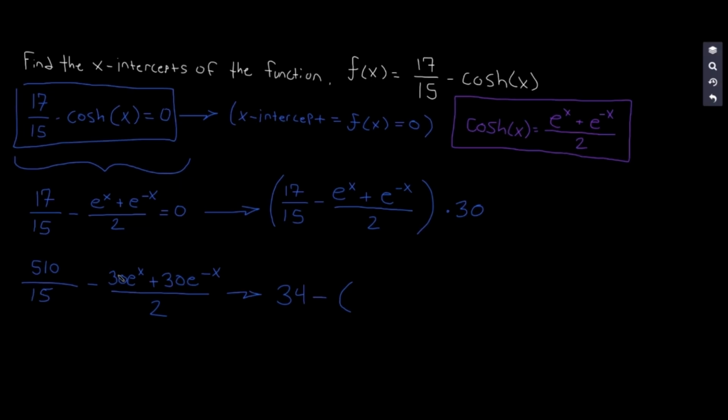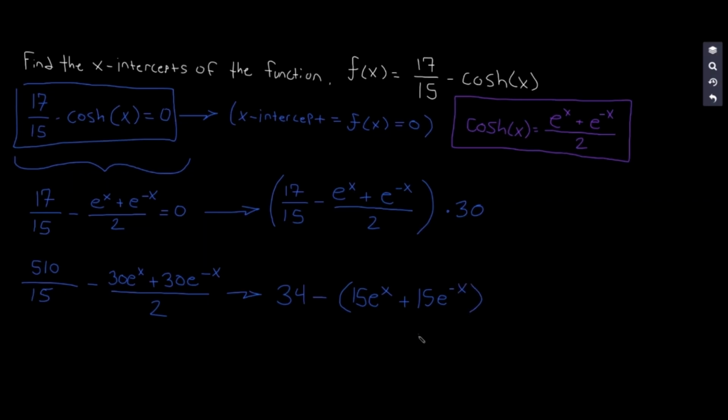In the numerator, we see e raised to the power of x plus e raised to the power of negative x. And in the denominator, we see 2. So we have to divide 30 by 2, and that's going to be 15 times e raised to the power of x. But then we have to divide this 30 by 2. So what we'll get is 15 times e raised to the power of negative x.